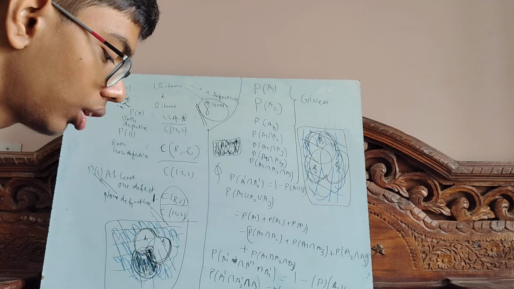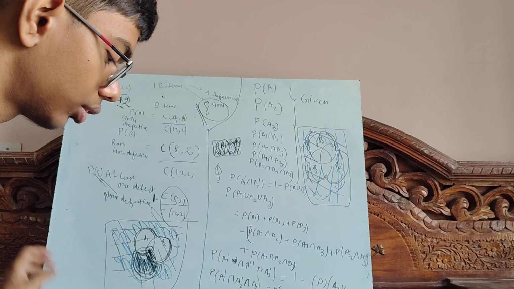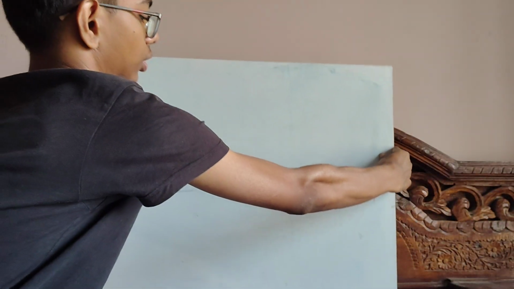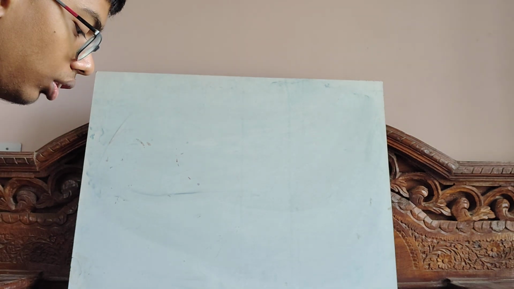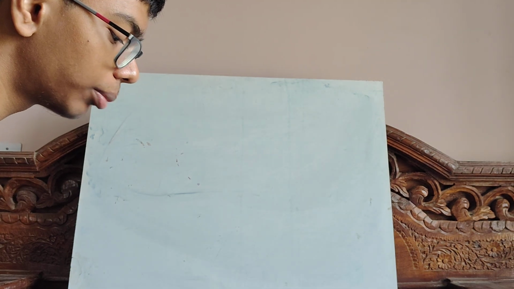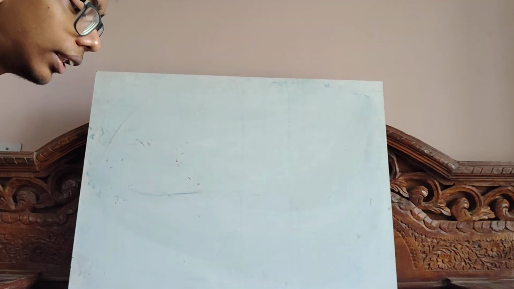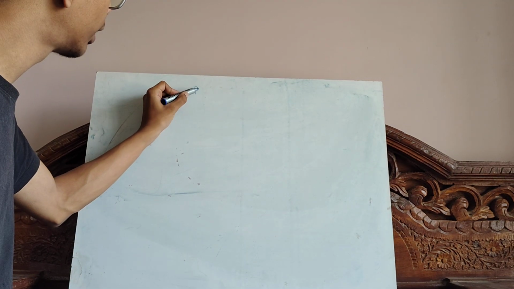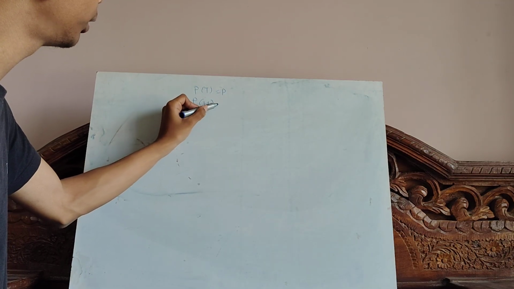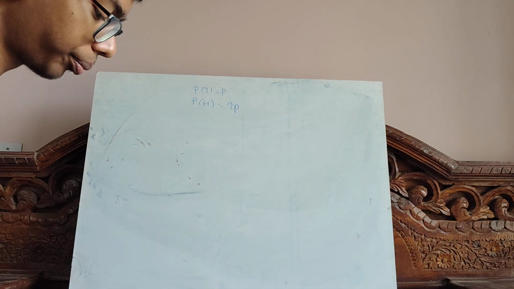Now another question is, head is twice likely to appear as tail. मतलब मेरे पास tail आने की जो संभावना है उसकी दुगनी संभावना head आने की है. So probability of getting tail is suppose P, then probability of getting head will be 2P, right?